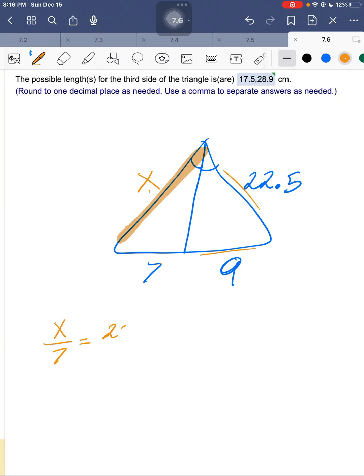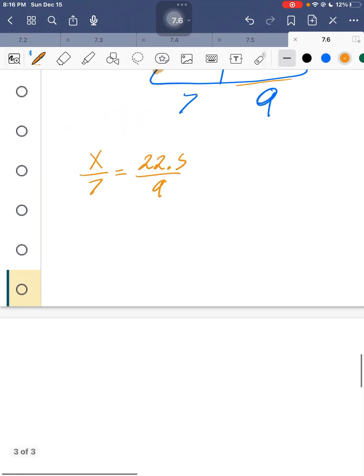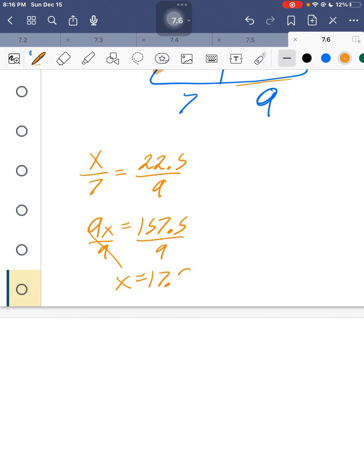So let's set a proportion. I'm going to say x is to 7 as 22.5 is to 9. So let's cross multiply. 9x equals what is 7 times 22.5? 7 times 22.5 is 157.5.